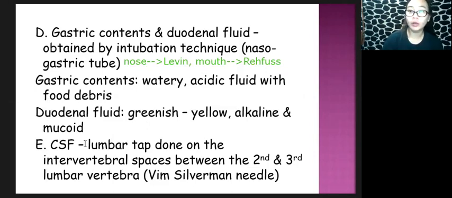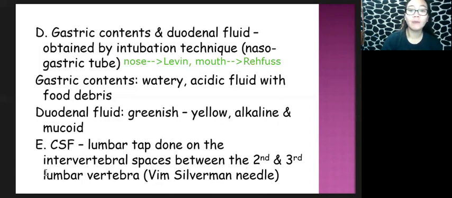So the most common method of collection for your CSF is your lumbar tap. Actually, the site differs depending on the subject. If it is asked in histopathology, we collect it between the second and third lumbar vertebrae using a long needle, which we refer to as your Silverman needle.